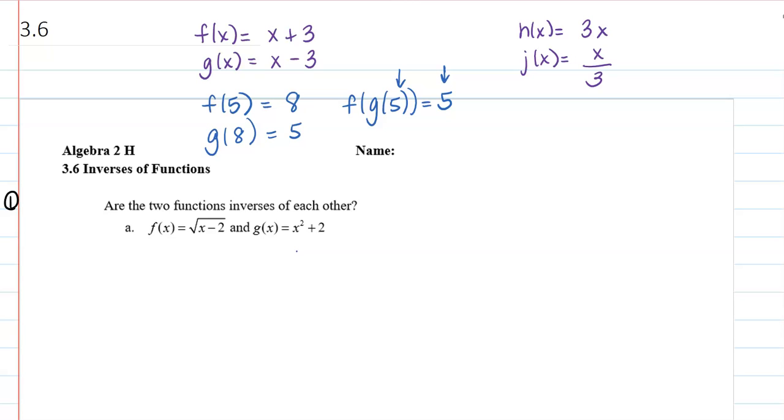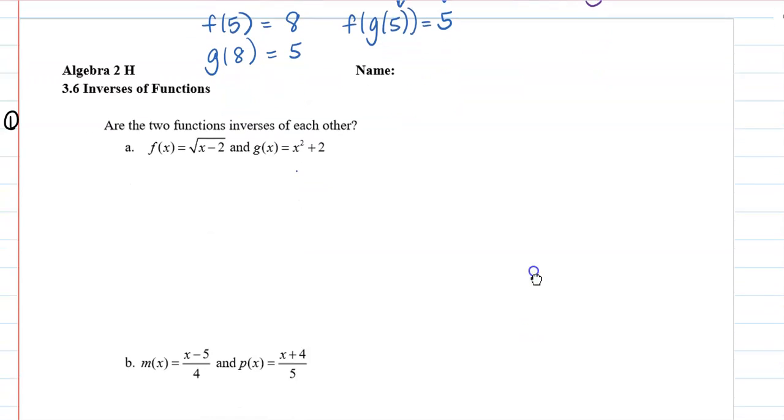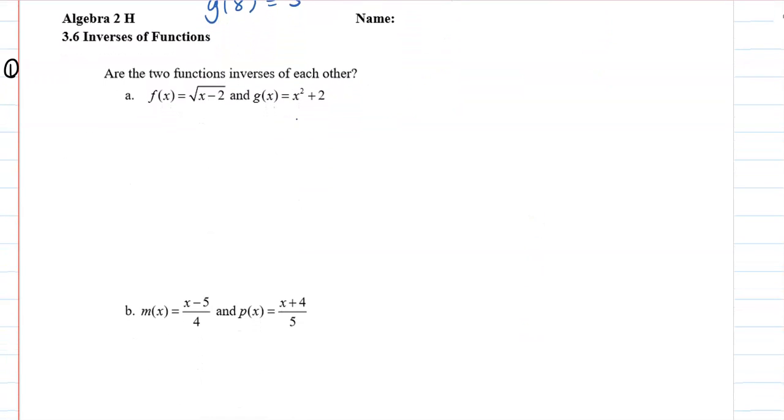We're going to go through several situations where we're talking about inverses, and the first question is: are these two functions inverses of each other? I'm going to put a qualifier on this and say x has to be greater than or equal to 0. I think you'll understand in just a second.